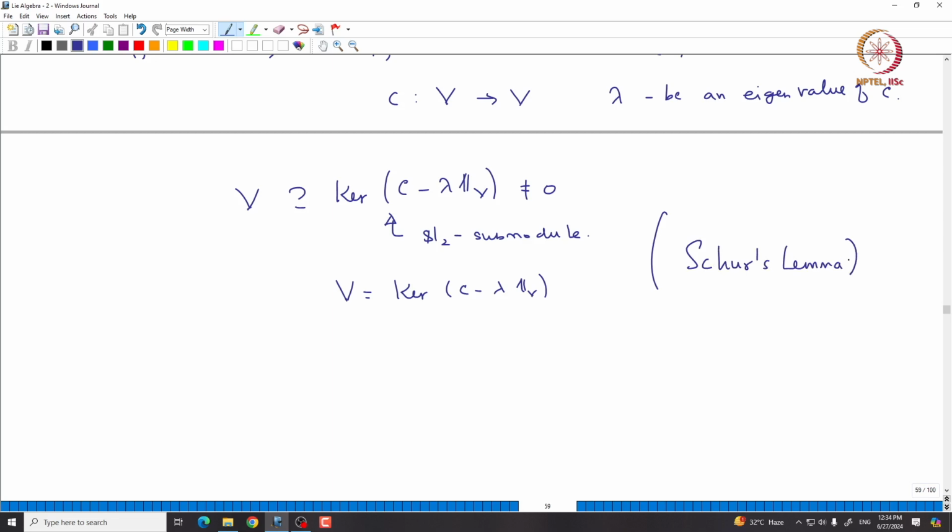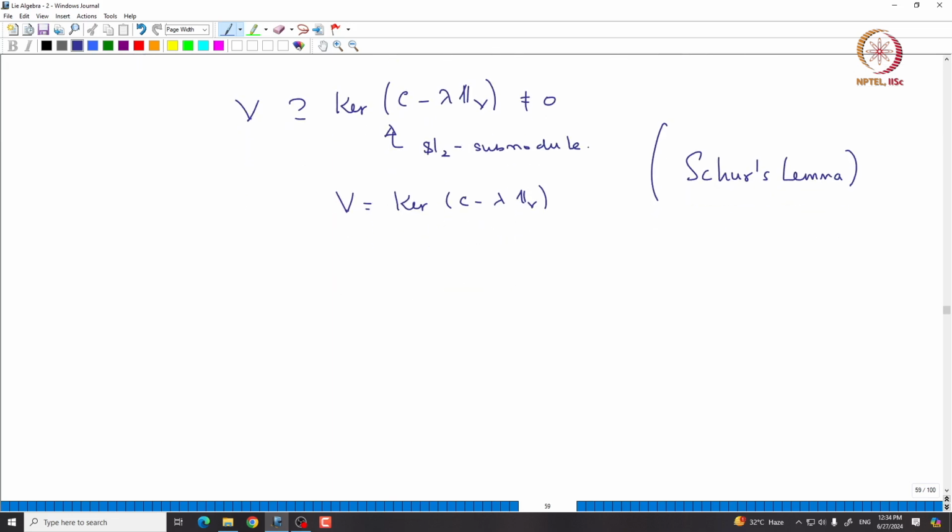Basically, what Schur's lemma says is, if you have an algebra and a finite dimensional irreducible representation of that algebra, and you have an operator acting on it that commutes with the action of the algebra, then that operator must be some scalar times identity. It is easy to prove; the same proof that we have given here works.